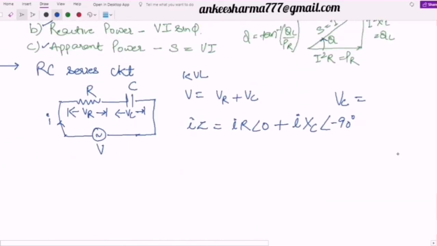And from here, I will be cancelled out on both the left and right hand sides. I can write Z is equal to R plus XC at an angle of minus 90 degrees. If I have to change it to j, then the angle minus 90 degrees will be minus j. So I can write R minus j XC. So this will be my impedance, or the combined impedance, when I connect a resistor and a capacitor in series, right?